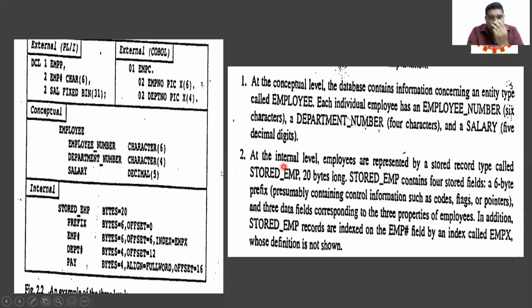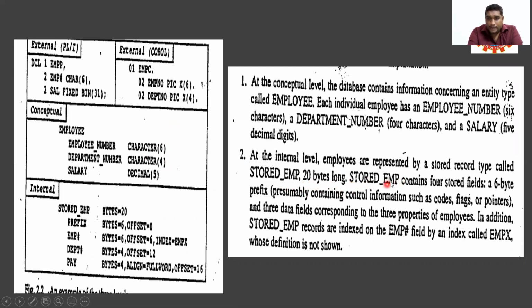Let's move to this section. At the internal level, employees are represented by a stored record type called stored employee, which takes a total of 20 bytes. Here we have 6, 5, 4, total 15 bytes. But what are the remaining 6 bytes? We can see now.